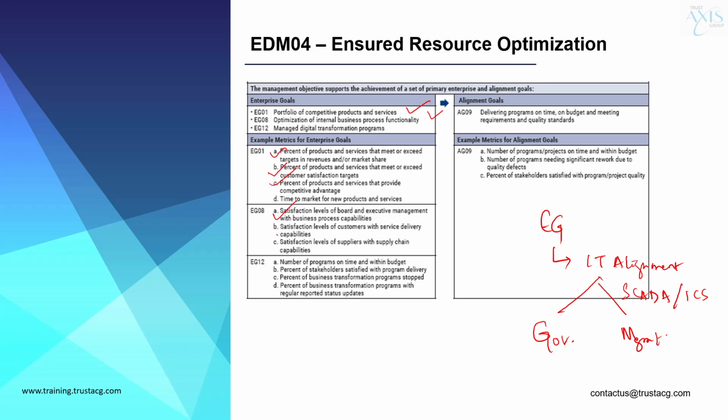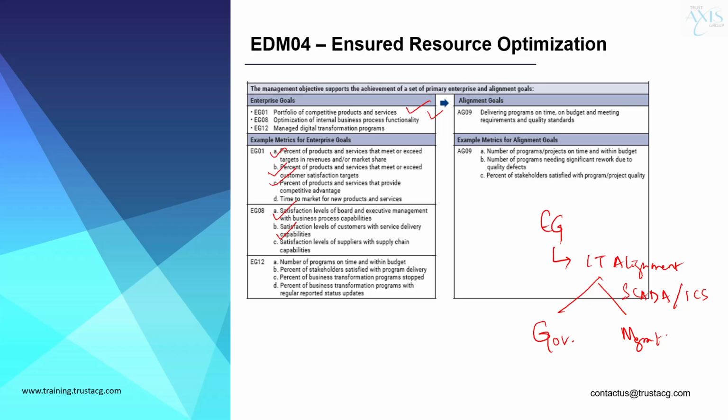You can also measure the satisfaction levels of your customers and suppliers with the efficiency and the reliability of the service delivery. These metrics will demonstrate whether the organization is leveraging its human and technical resources to continuously improve the operational effectiveness of its enterprise.